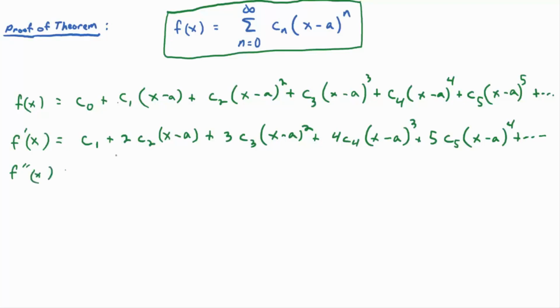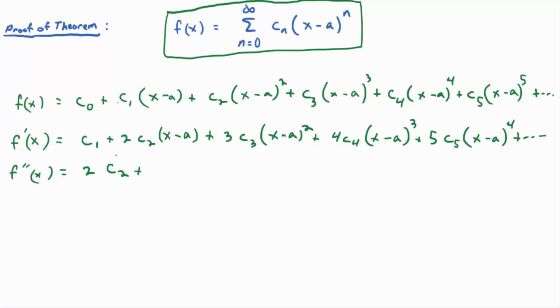OK. Well, the only thing that's really going to be of interest are the first terms. What's going to be left when we take the derivative of the derivative? What's f double prime? Just 2c2. Sounds like do-si-do, right? And then plus what? 6.